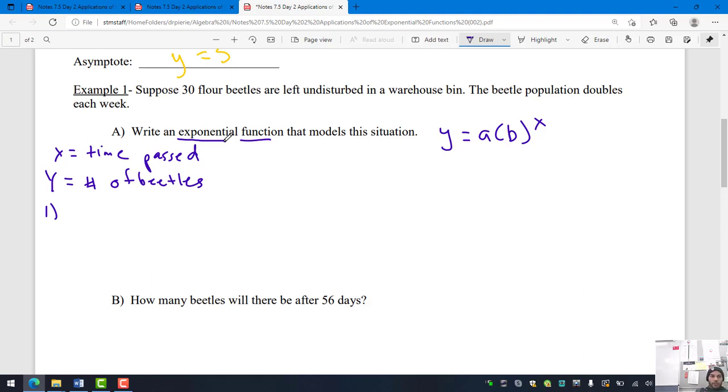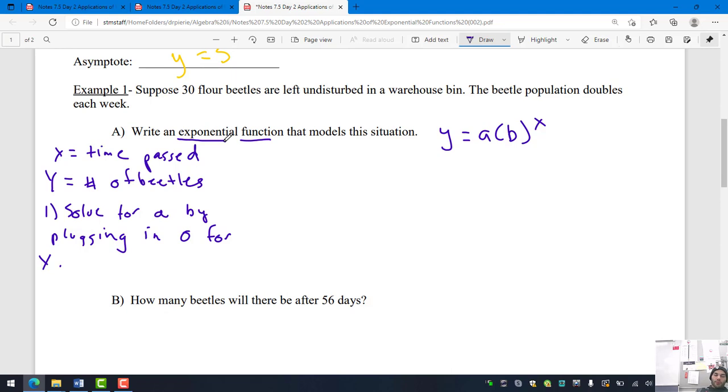You're going to solve for a by plugging in zero for x.